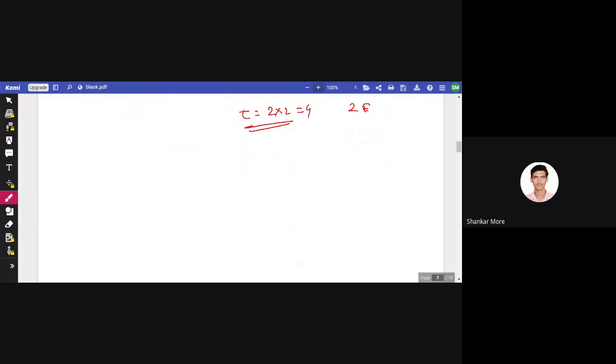Okay, so I will write the formula again. VC of t is equal to VC of infinity minus VC of infinity minus VC of 1, in place of VC of 0, e raised to minus t by tau. So VC of infinity is 6 volt, VC of infinity again 6 volt, VC of 1 is 11.53, and e raised to minus t by 4.